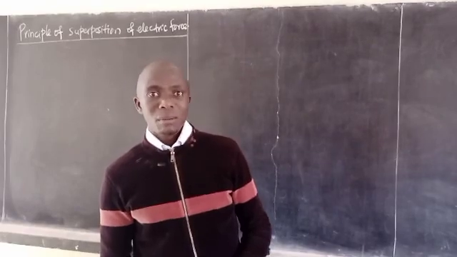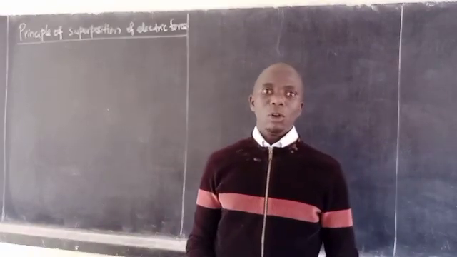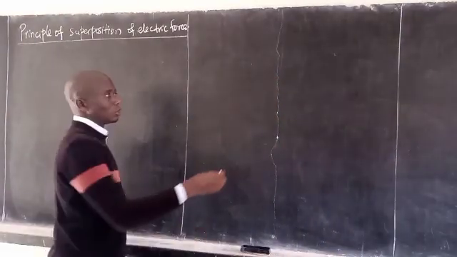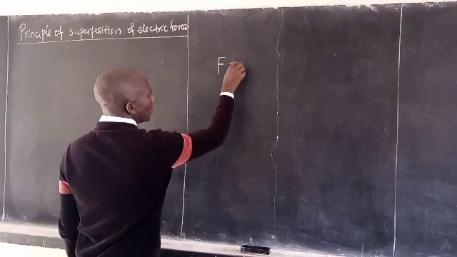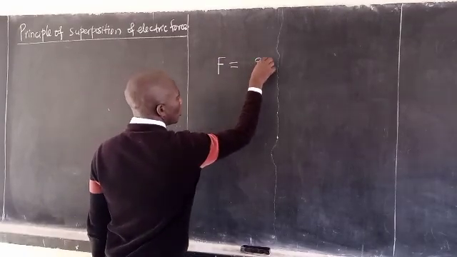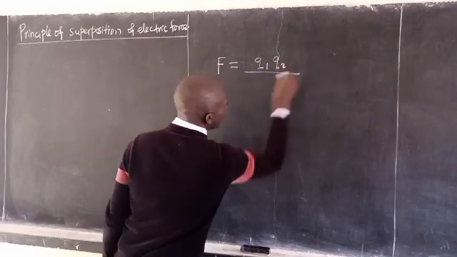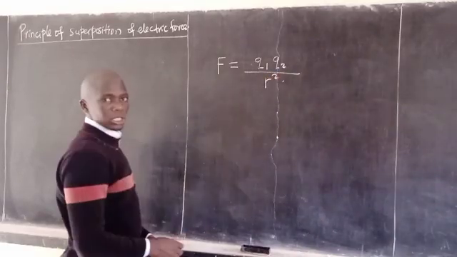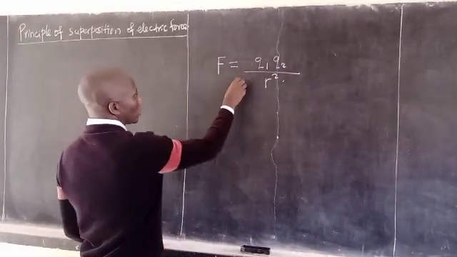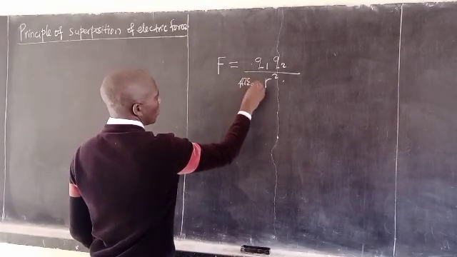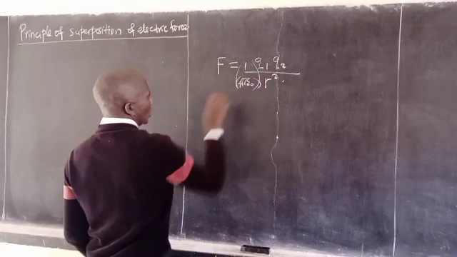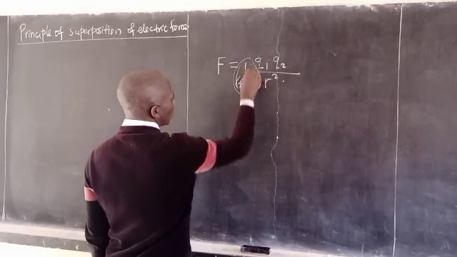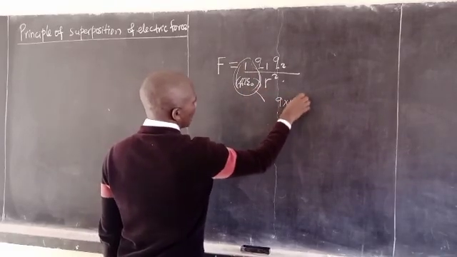Previously, we looked at Coulomb's law of electrostatics, and we said that the force between two charged bodies is proportional to their magnitudes and inversely proportional to the square of the separation between them, and the constant was got as 1 over 4 pi epsilon naught, which is equivalent to 9 exponent 9.